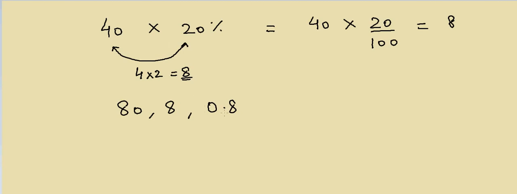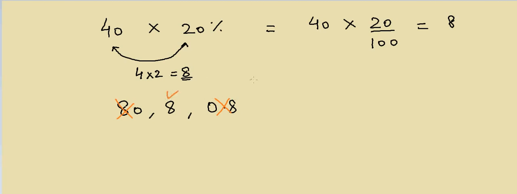So if we make a mistake with the zeros, these are the three possibilities. 80 is not possible because that's too far, a much higher number. 20%, we know, has to be smaller than 40. And 0.8 is too small a number. 20% is like 1/5 of a number, and 0.8 is too small. So we have to have 8.